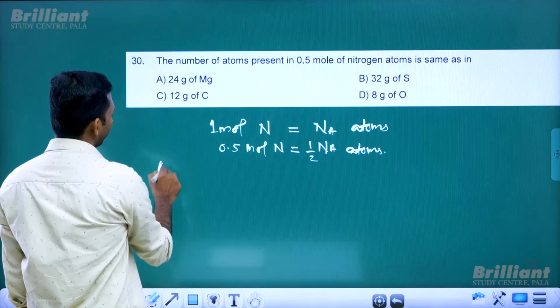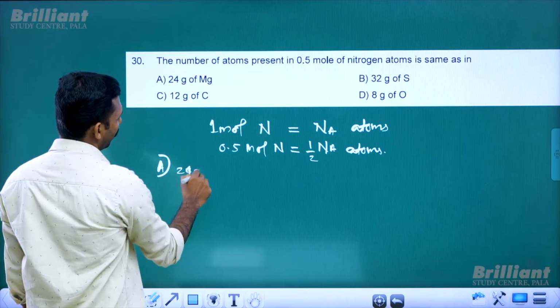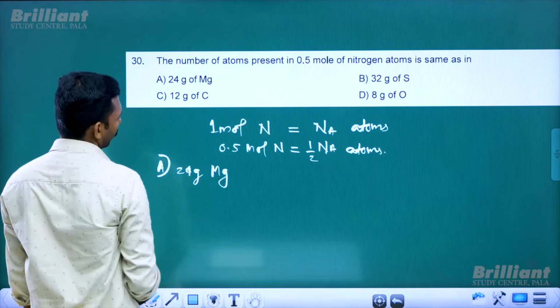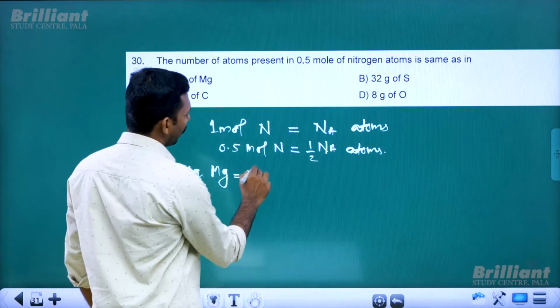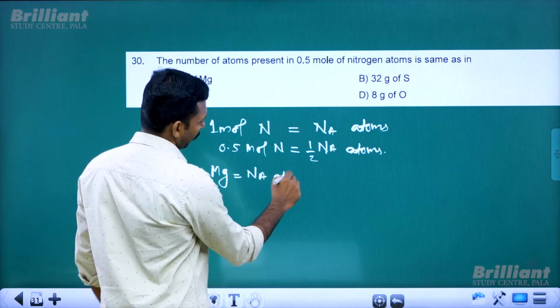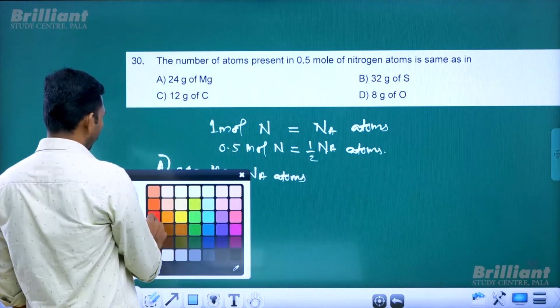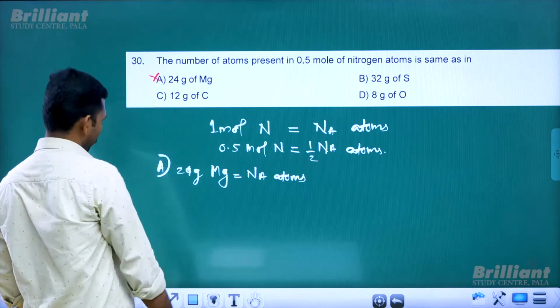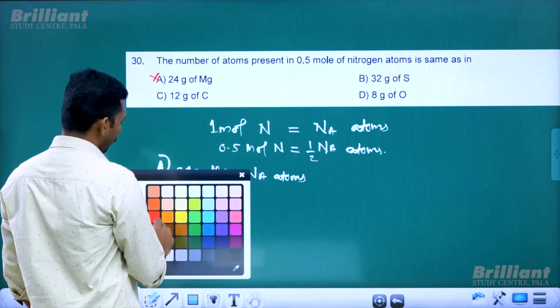Now, option A, 24 gram of magnesium. 24 gram is the atomic mass of magnesium, so that is equal to Na atoms. Is it equal to 1 by 2 Na? No. So it may not be the answer option.